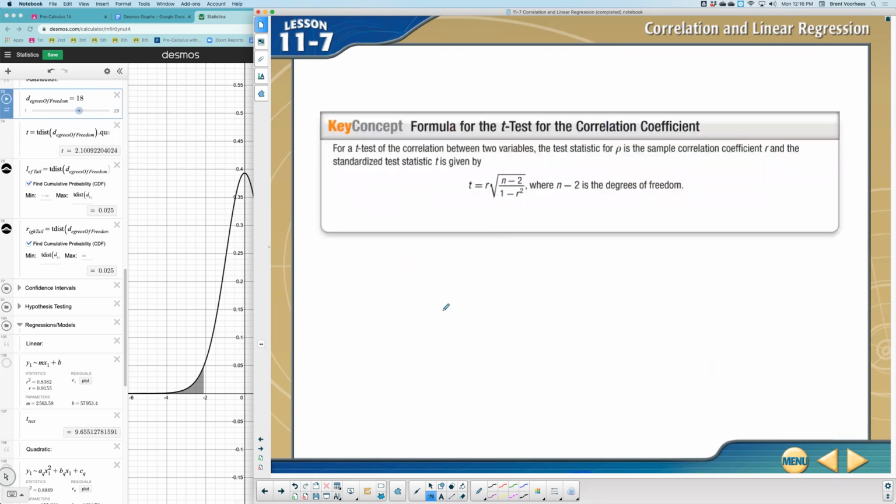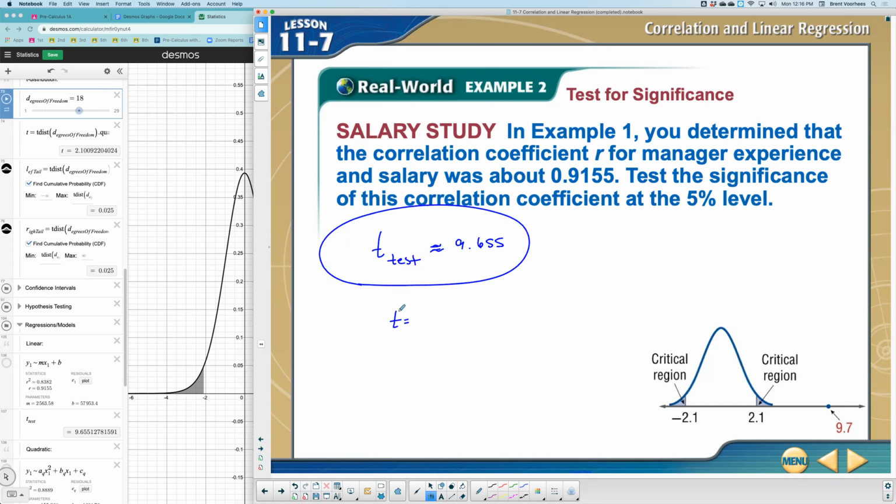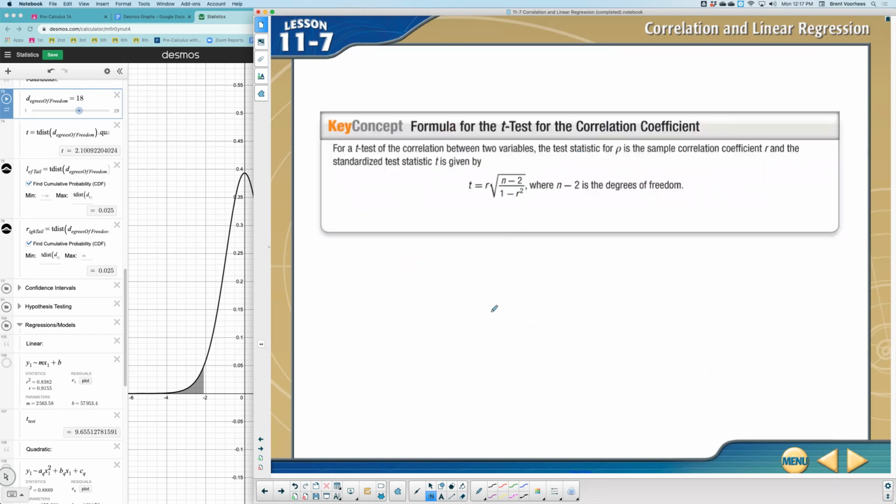Again, you would be plugging in the t equals, or the t-test, if you will. The r was 0.9155 times the square root of 20 minus 2 over 1 minus 0.9155 squared. If I remember that formula correctly, I'm going to double check real quick. Yes.